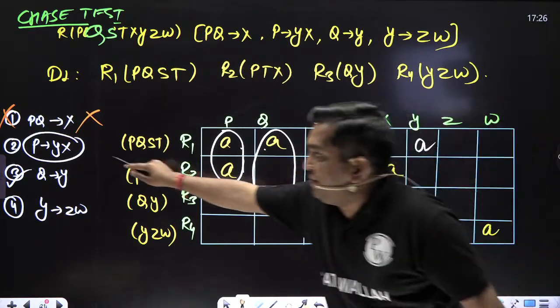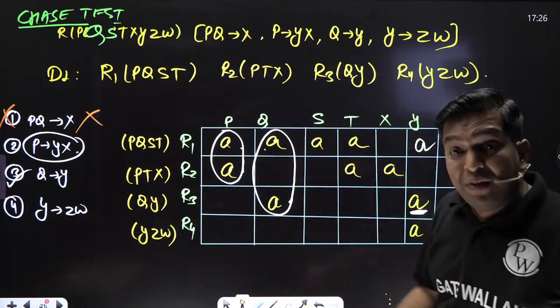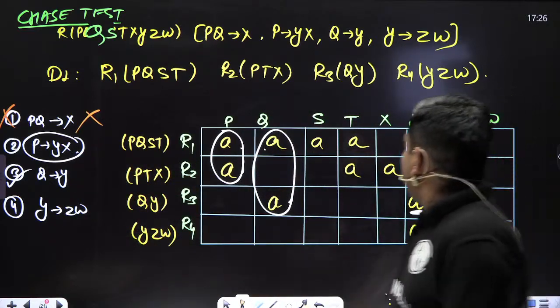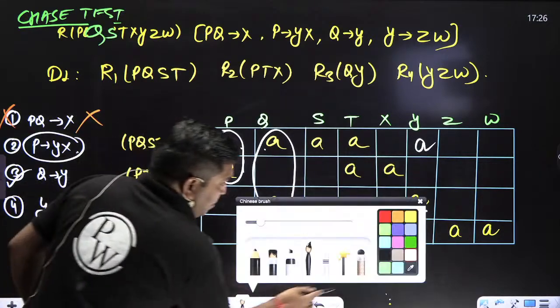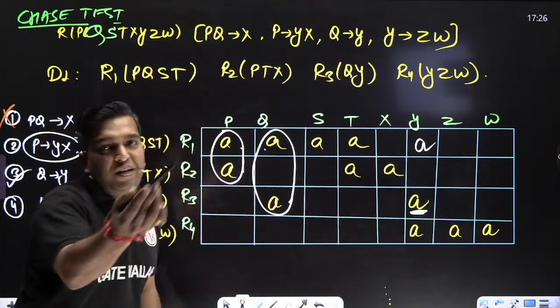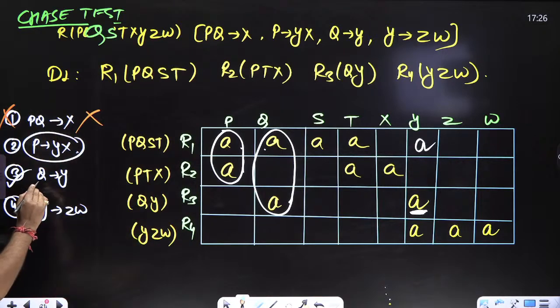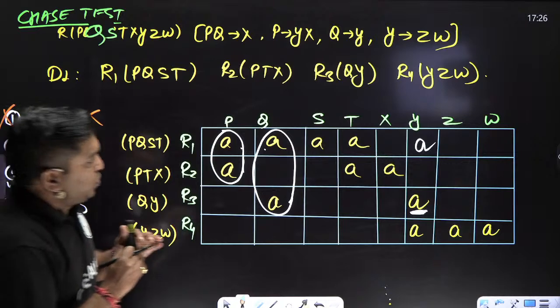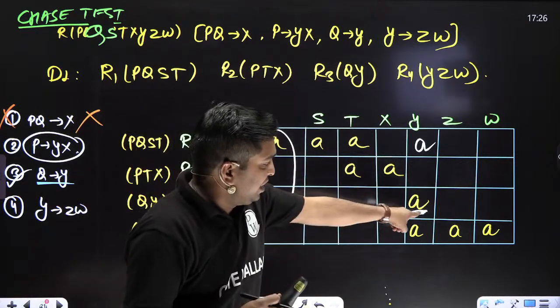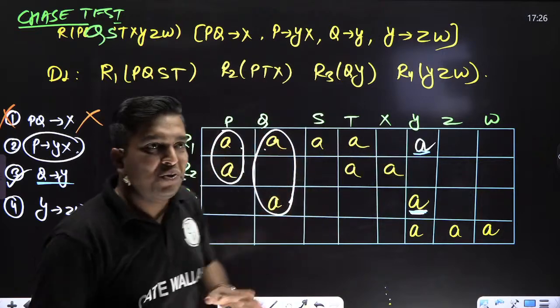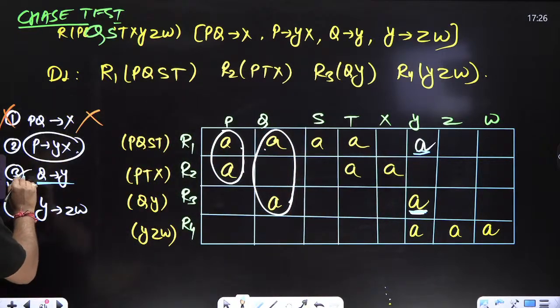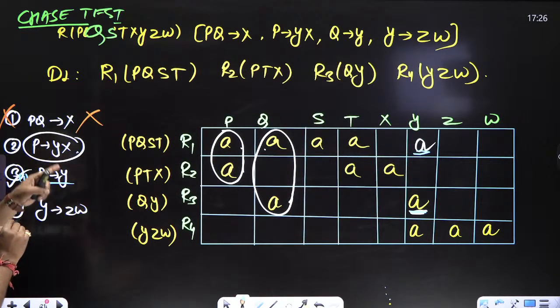Now check this FD. P determines YX. You can take in any order. Whatever you find first, like Q determines Y, you can see for Q we are getting one A, so we fill A here. Now P determines YX.